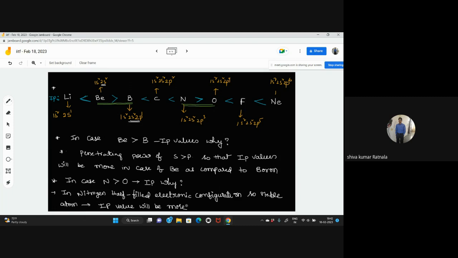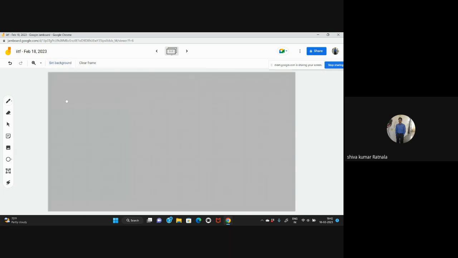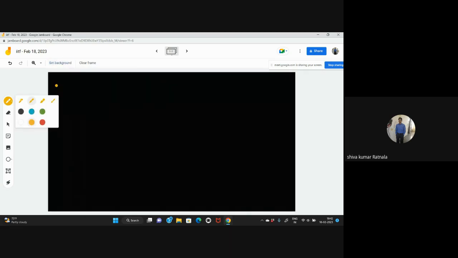We have time now, so we will go with one more definition, that is electron gain enthalpy. Generally we call it electron affinity, but there is a slight difference in terms of values.